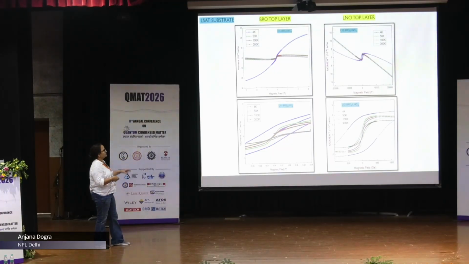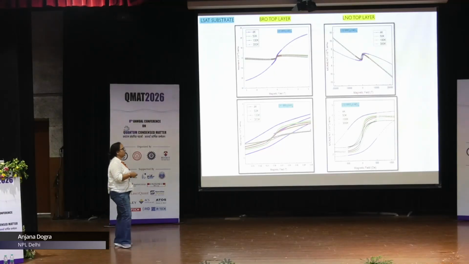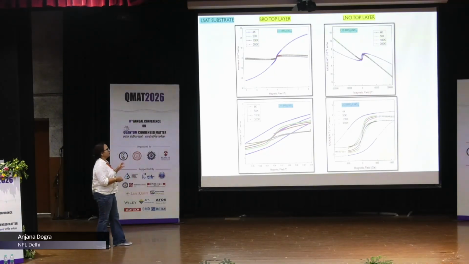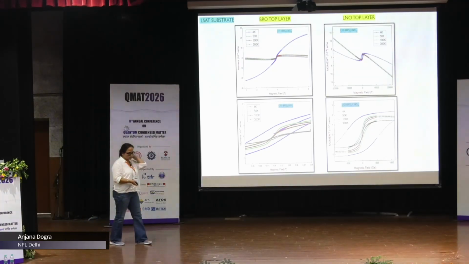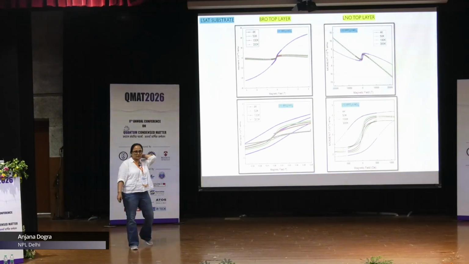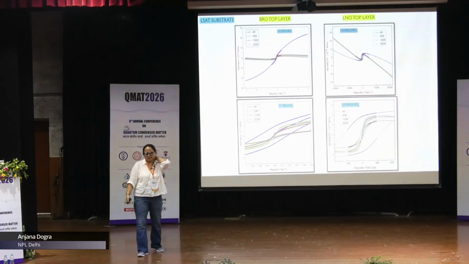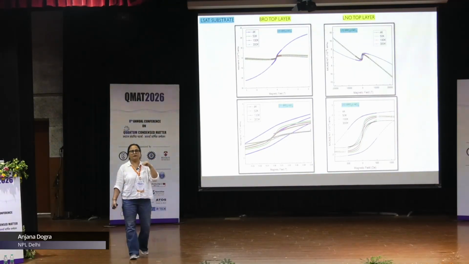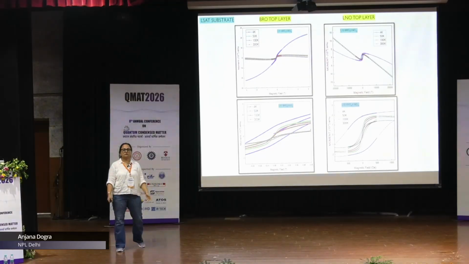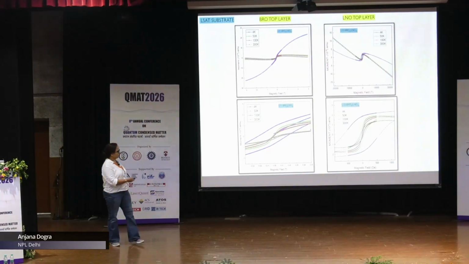But here the loop area has reduced and it is at very low magnetic field. The student is still working on these results, and we are analyzing why these things are happening. So this is what we have from our side.